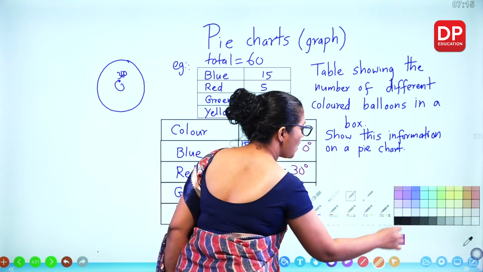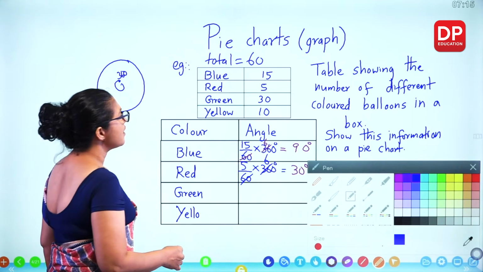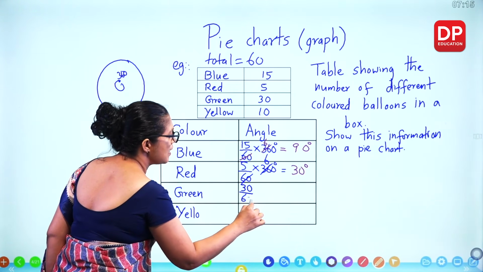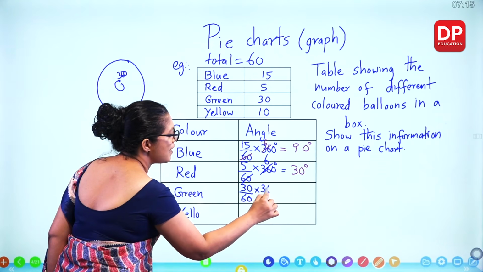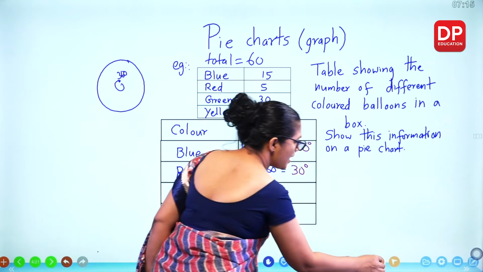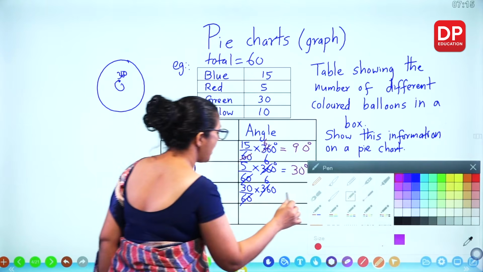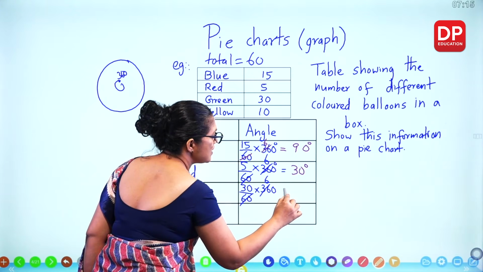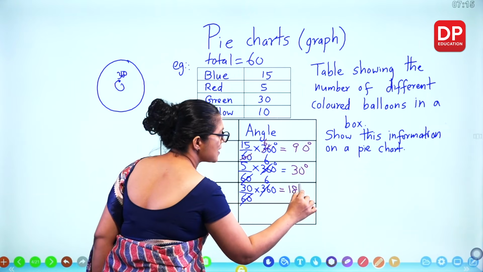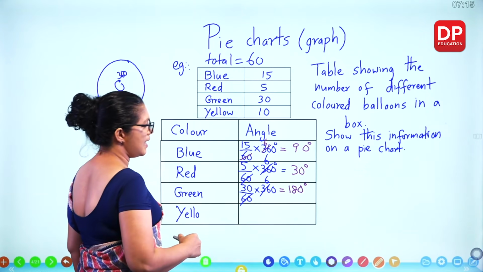What about the next one? Green ones, there are 30 green ones out of 60. Multiply by 360. So you get 6 times 30, you get 180 there, because 60 times 3, 30 times 6, 180 degrees.